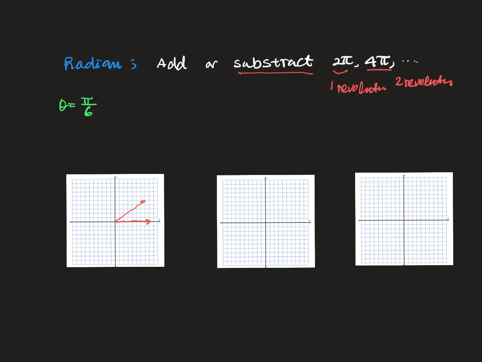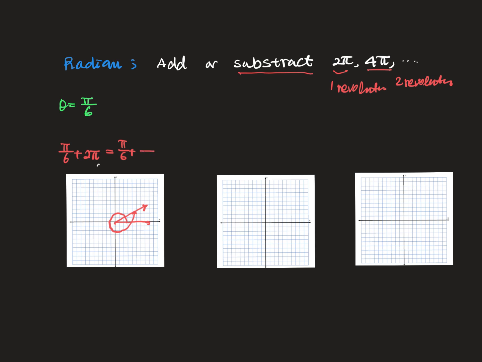With one revolution, you go pi over 6 plus 2 pi. So I'll sketch it here. One revolution is 2 pi, then go to pi over 6. So this one is pi over 6 plus 2 pi.